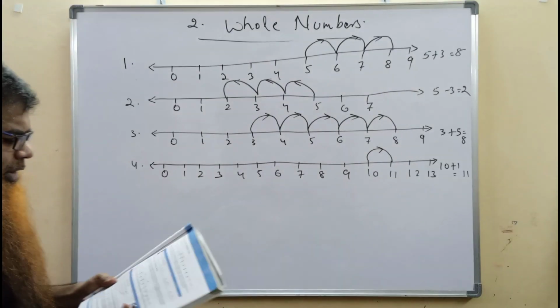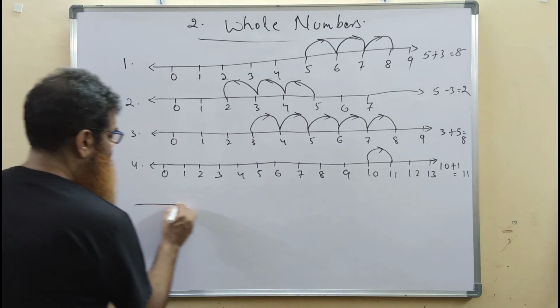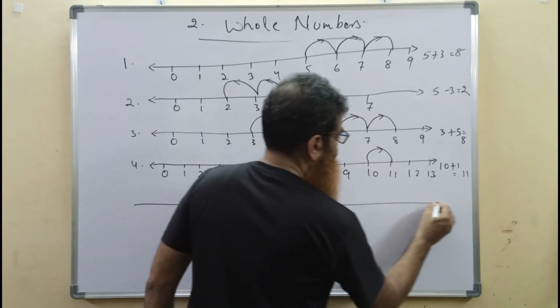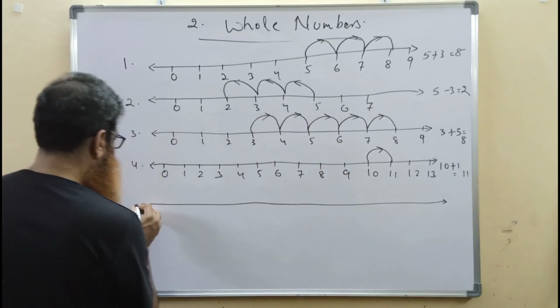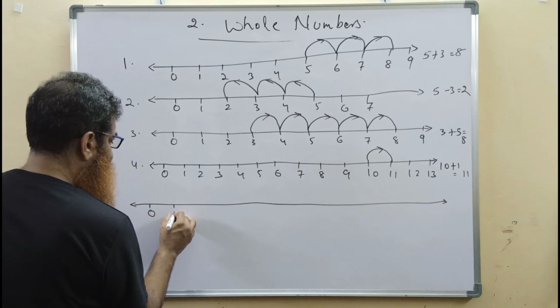So let's see on the number line. Starting from 0, since we have whole numbers here.